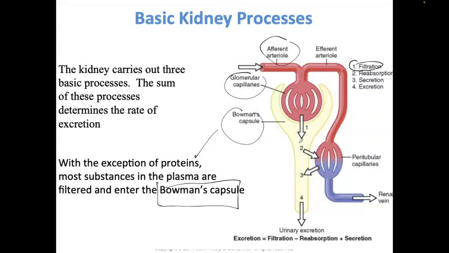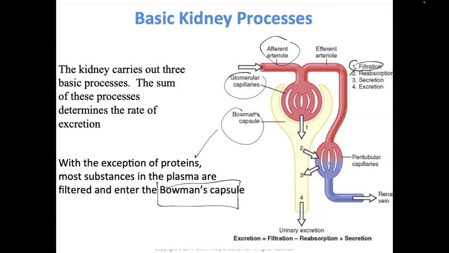Now maybe there's some water, salt, glucose, amino acids, stuff that's being purified and cleaned out that the body says, hey, I don't want to get rid of this. We need to get that back into circulation. So number two, it's going to get reabsorbed.